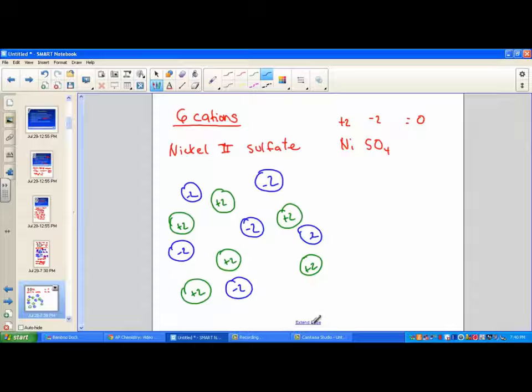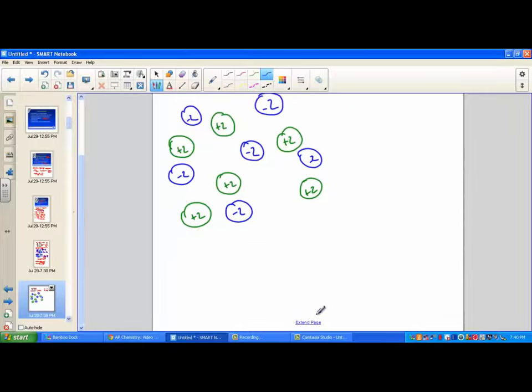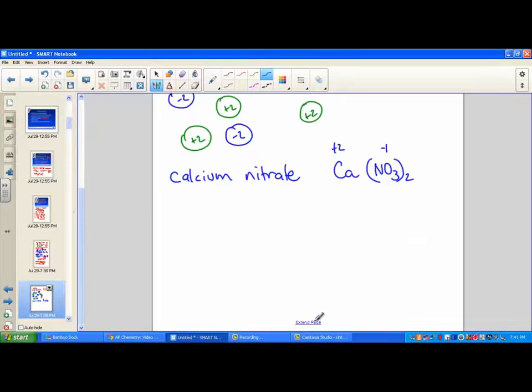Let's try another. How about calcium nitrate? Calcium with its +2, nitrate is a -1. So when I write my formula, I need twice the number of negative ions, 2 units of the negative nitrate, to electrically balance the calcium.